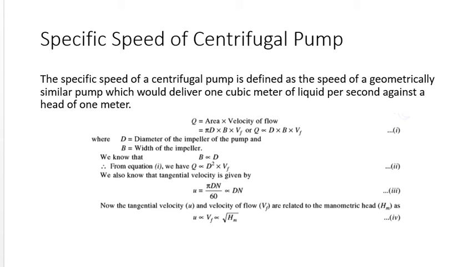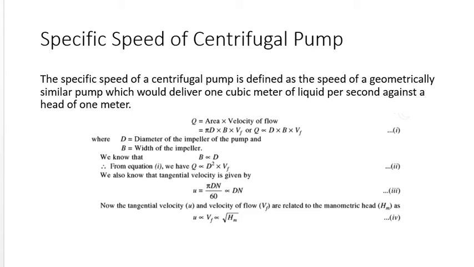We all know that the formula of discharge is area into velocity of flow. Area of the pump is pi dB, where d is the diameter and b is the width of the casing, and velocity of flow we are denoting here with Vf.